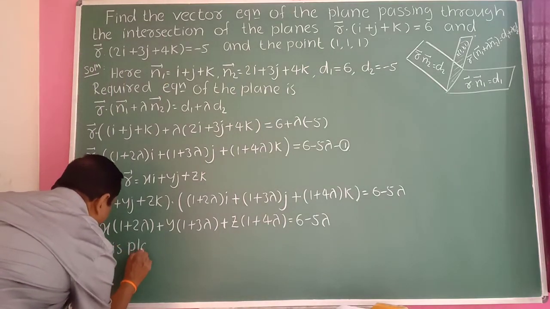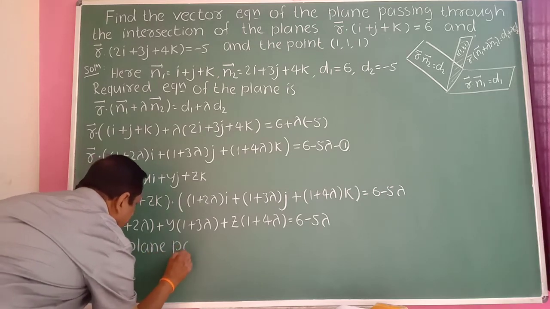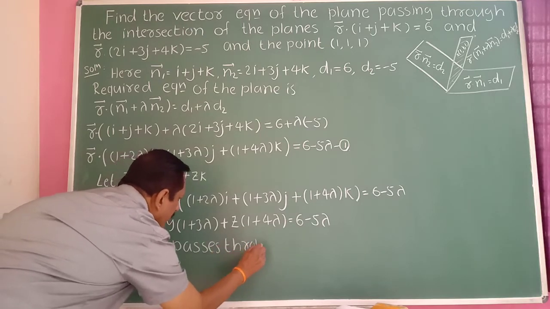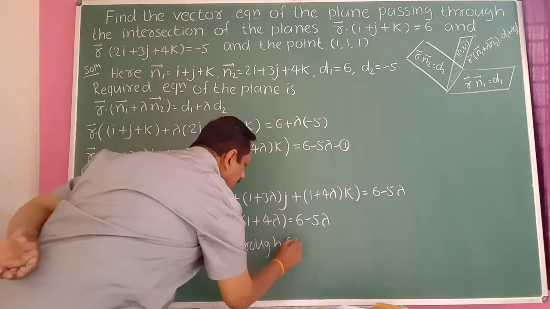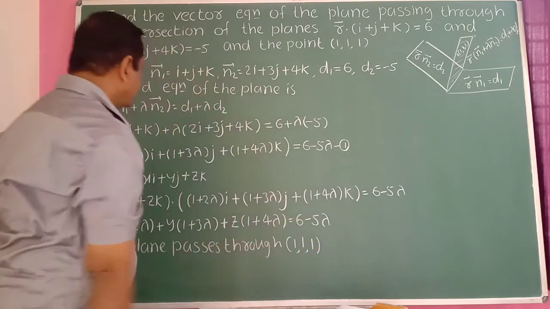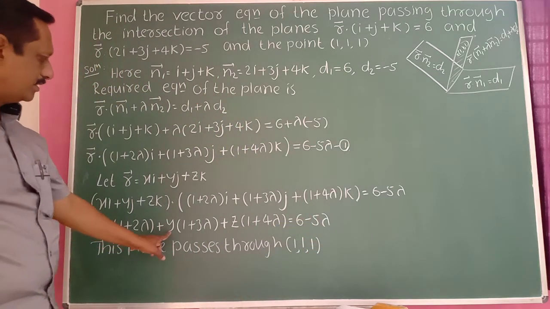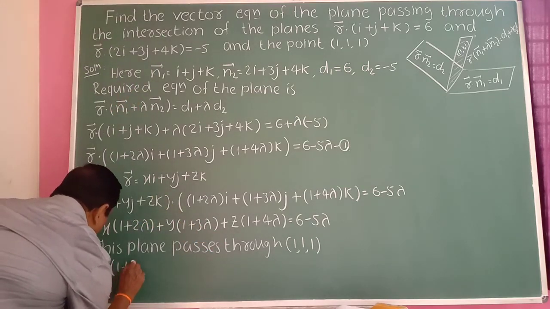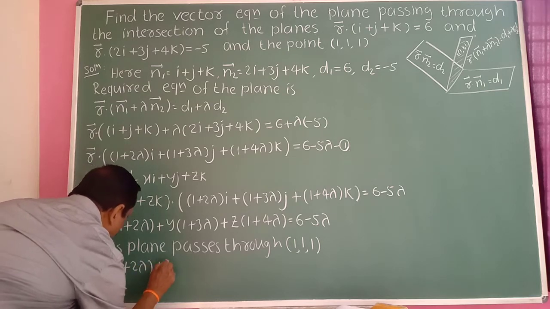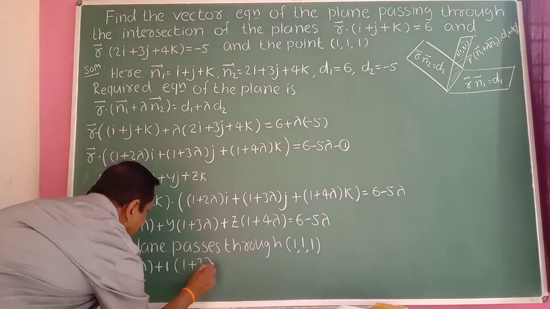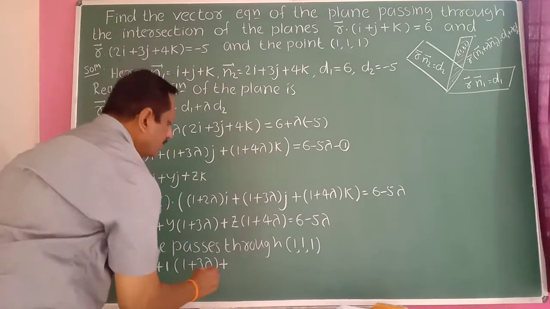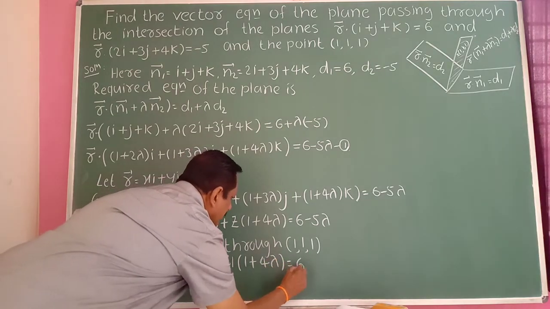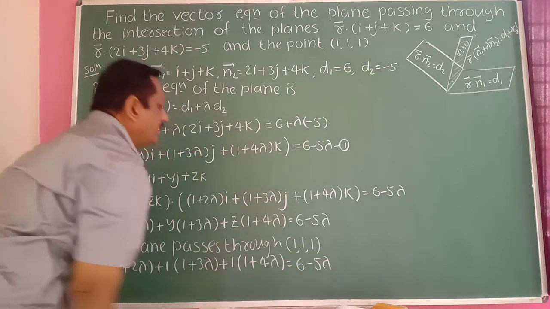So put x value 1, y value 1, z value 1 here. Therefore 1 into (1 plus 2 lambda) plus 1 into (1 plus 3 lambda) plus 1 into (1 plus 4 lambda) is equal to 6 minus 5 lambda.